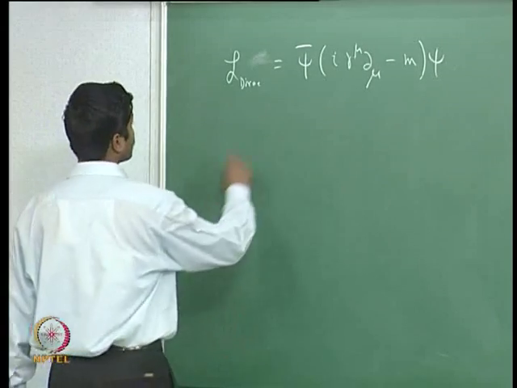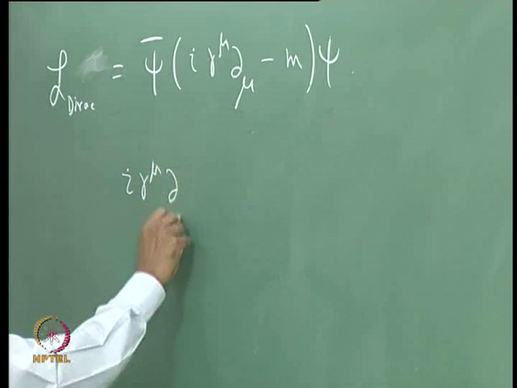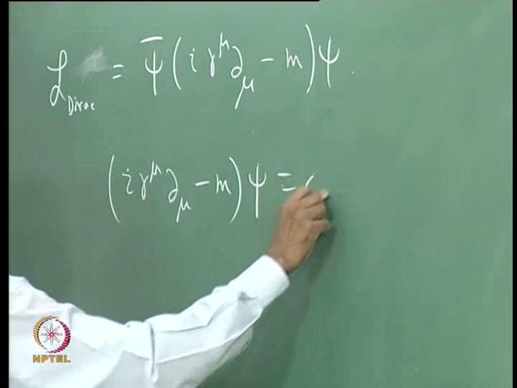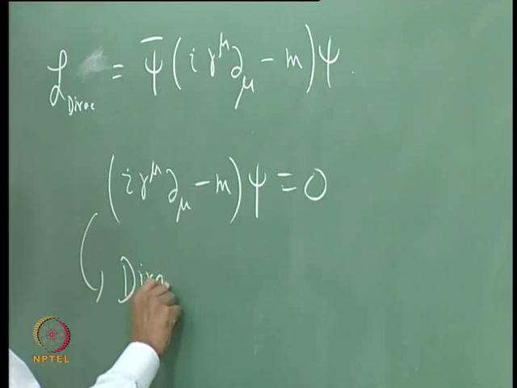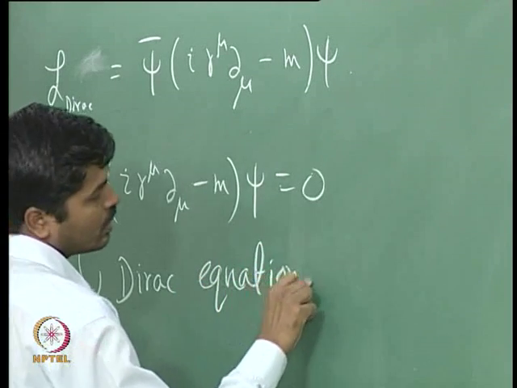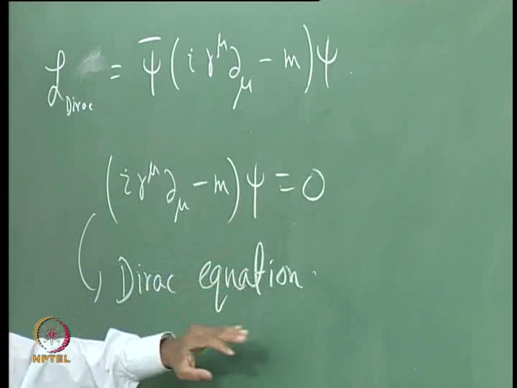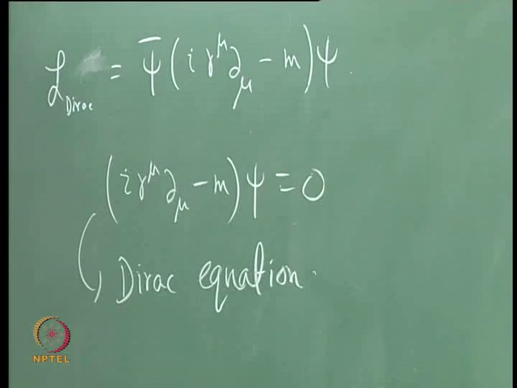The equation of motion is given by i gamma mu del mu minus m acting on psi equal to 0, and this is known as the Dirac equation. And we would like to study the plane wave solution to the Dirac equation, which we will do in a moment. Before that, let us try to construct the Hamiltonian.